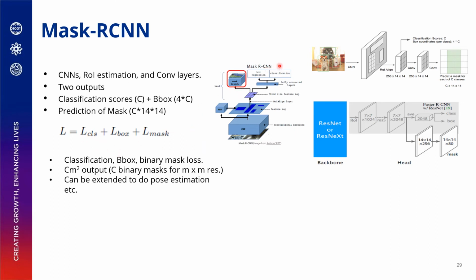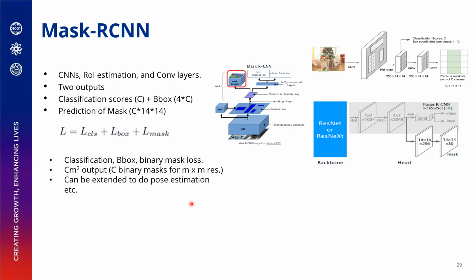You have your classification loss, your bounding box regression loss, and your loss for the mask itself. The reason this is 14 by 14 by 80 is that 80 is the number of classes that you're looking for, and M over here stands for the resolution of the prediction mask, which is 14 by 14.